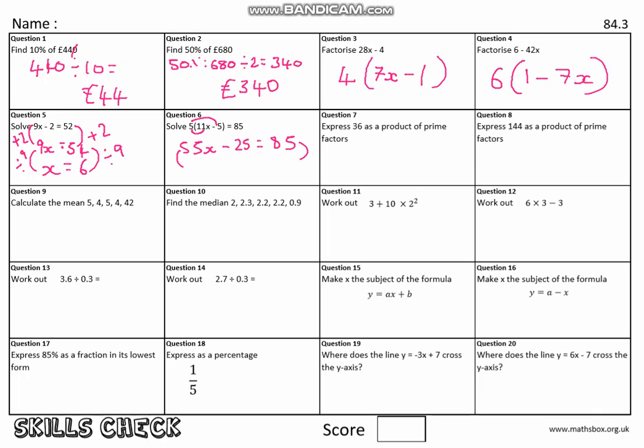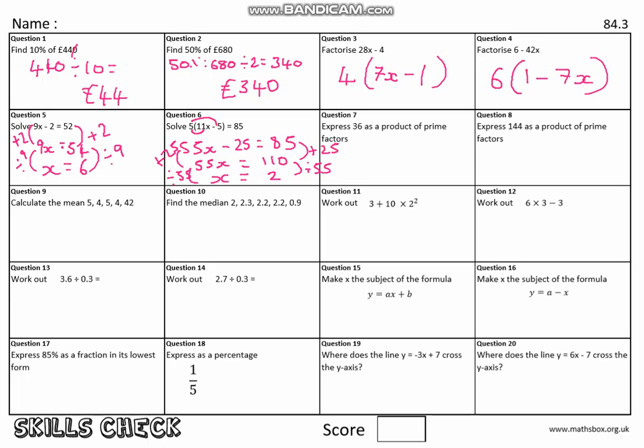So to get rid of minus 25, I'm going to add 25 on both sides, which leaves me with 55x on this side and 110 on this side. Okay. Problem is, I have got 55 x's and I definitely only want 1. So if I divide 55x by 55, all I'm left with is x. And if I divide 110 by 55, well, it's just half of it. So I've got 2. Okay, so x equals 2 for question number 6.